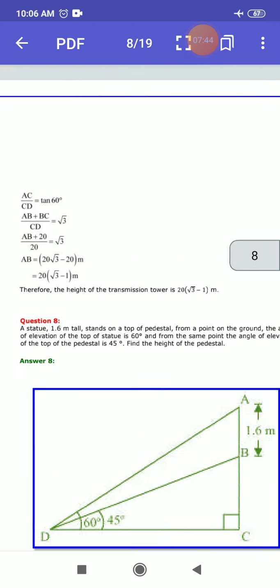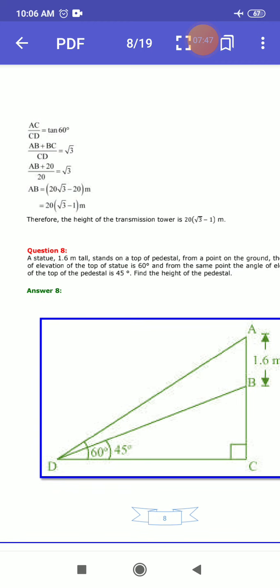So in this way you find the height of a tower, a transmission tower. Clear? You have to do the calculation properly. This question is not so hard. You have to draw the figure first of all, and see how to solve this question.